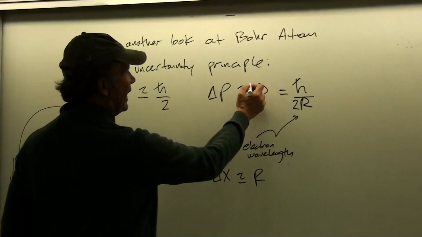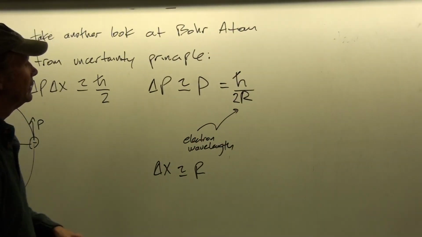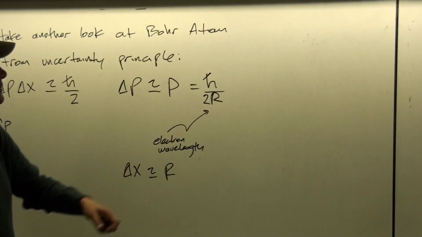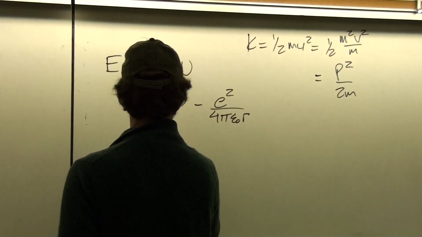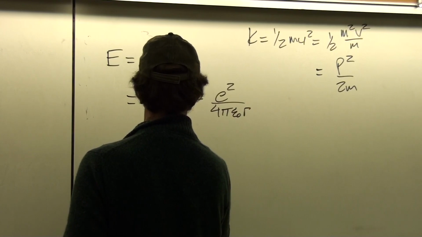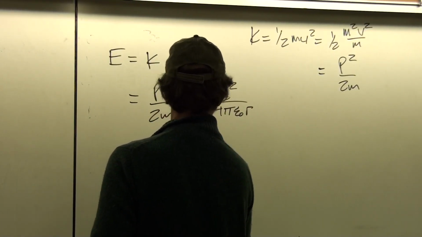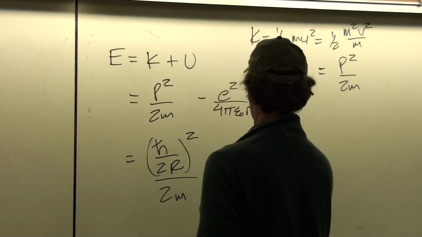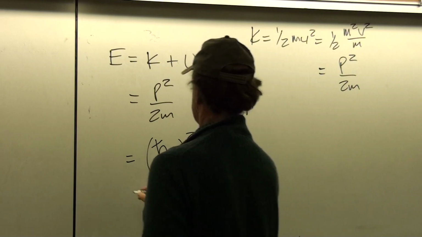Okay, so if I have p then is equal to approximately, by the uncertainty principle, h bar over 2r, then I can rewrite this as (h bar over 2r) squared over 2m minus e squared divided by 4 pi epsilon naught r.